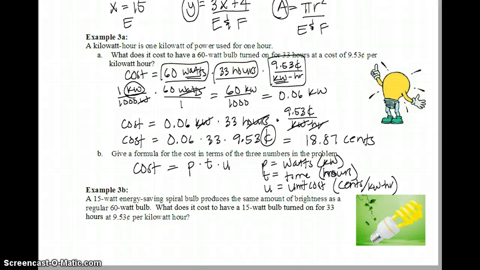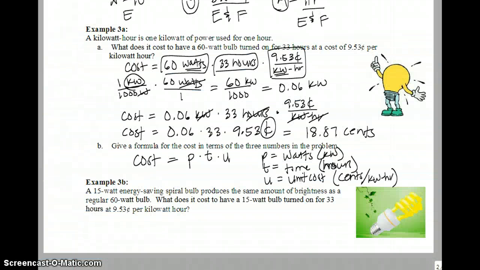Okay, work through the second problem and see if you can figure this one out. I'll start it out for you. It's going to be the same as example 3a. So cost equals number of watts.